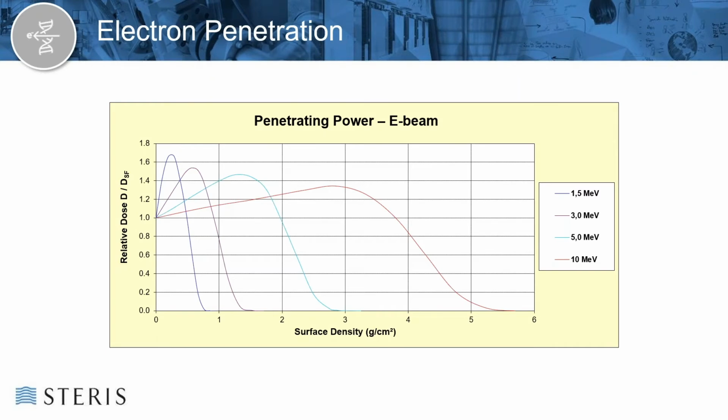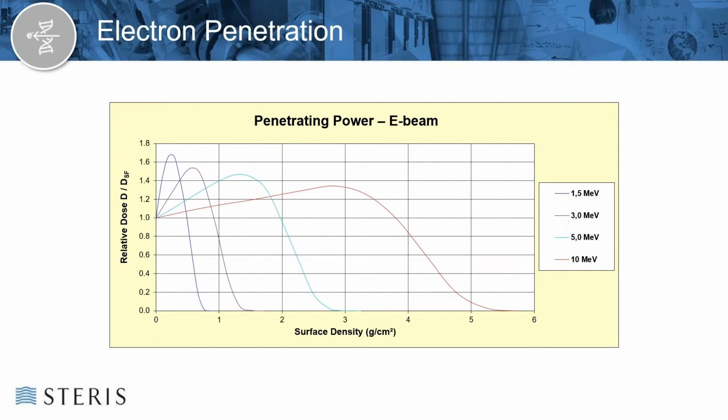I know there's little commas, so that's the European format for the numbers, but consider those as periods. So 1.5 million electron volts is our lowest energy electrons in this penetration diagram, or what we would call a dose depth curve. Now that x-axis, it's surface density.